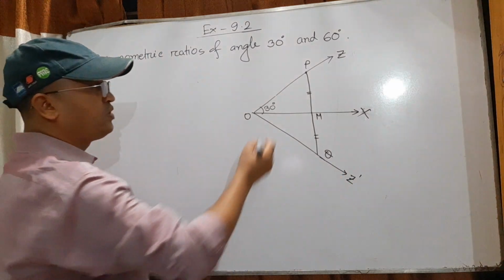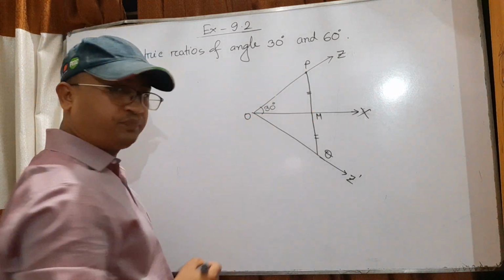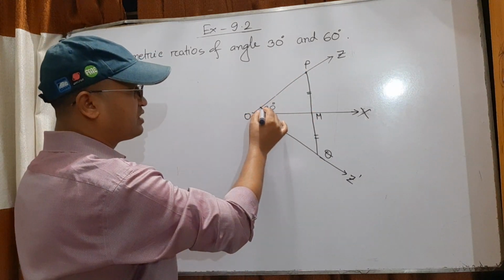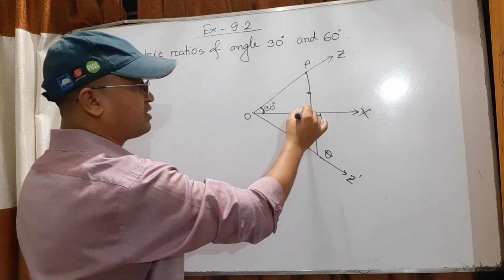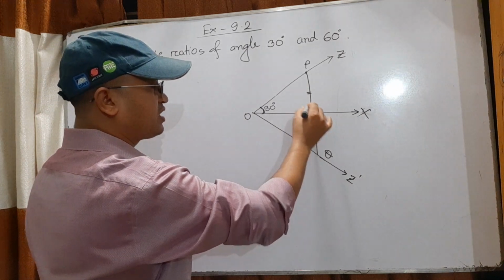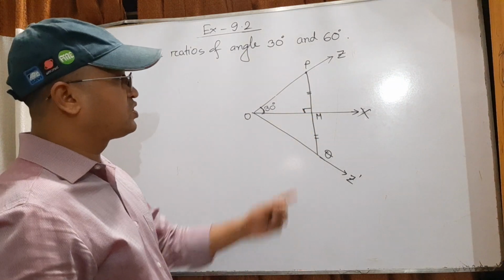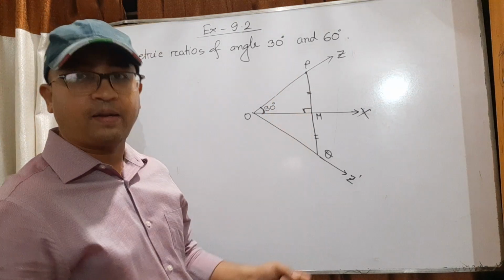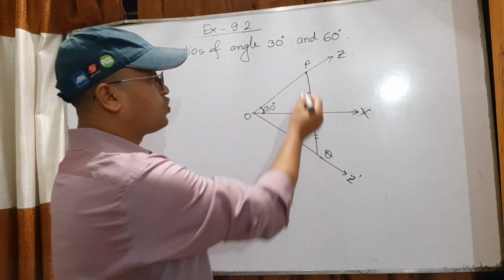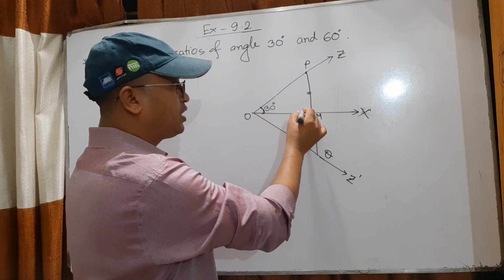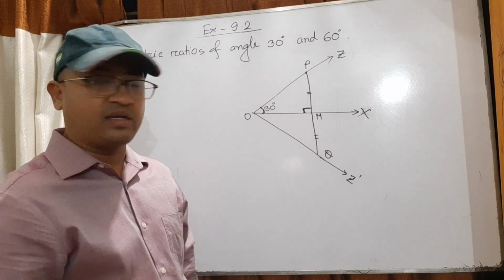Now look at POM. Here this is 30 degree and this is 90 degree. Why is this 90 degree? Because PM is perpendicular to OX, so PMO definitely will be a right angle.